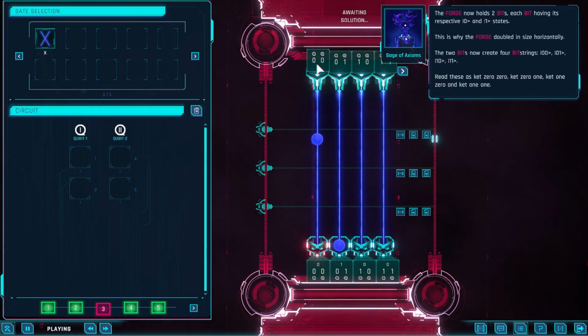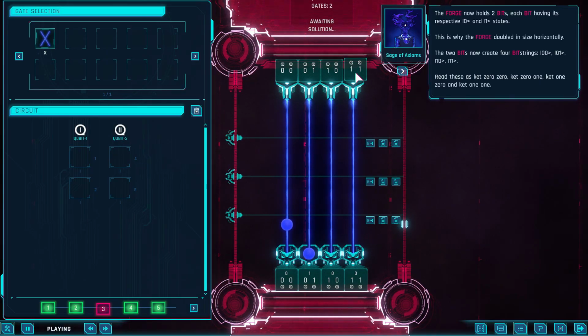This is a 2-qubit state of ket 0. This would represent ket 1. This represents ket 1, 0. And then this final one represents ket 1, 1, or 0, 1, 2, and 3, represented in binary numbers.